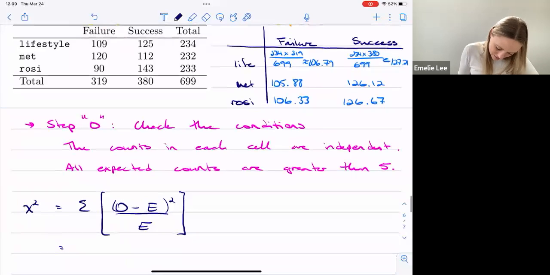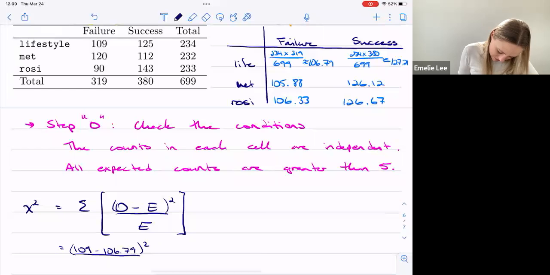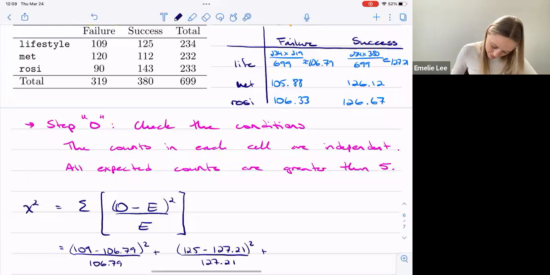So I'm going to do 109 minus 106.79, square that, and then divide by 106.79, plus 125 minus 127.21, square that, divided by 127.21, plus 120 minus 105.88 squared.